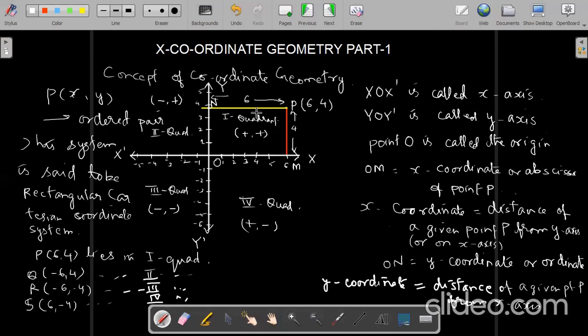If a point lies on the x-axis, then its y coordinate will be 0.